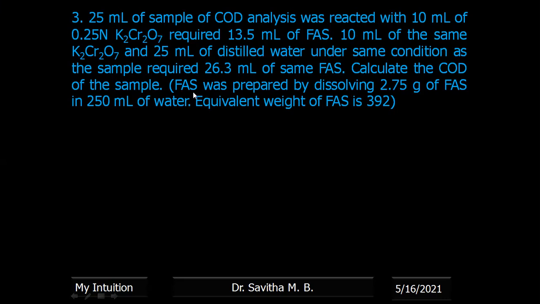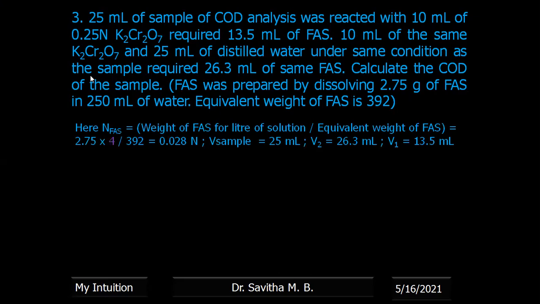Now, FAS was prepared by dissolving 2.75 grams of FAS in 250 ml of water. Equivalent weight of FAS is 392. See here, 25 ml of sample, that means the volume of sample taken is 25 ml. 10 ml of 0.25 normal potassium dichromate required 13.5 ml of FAS.